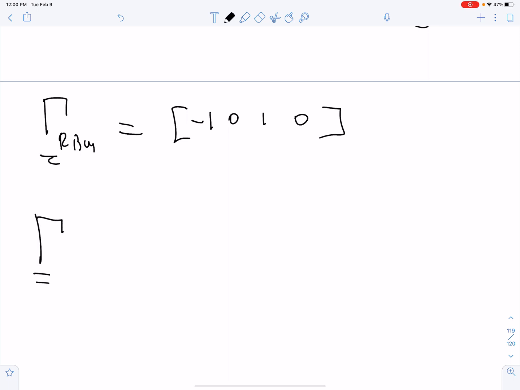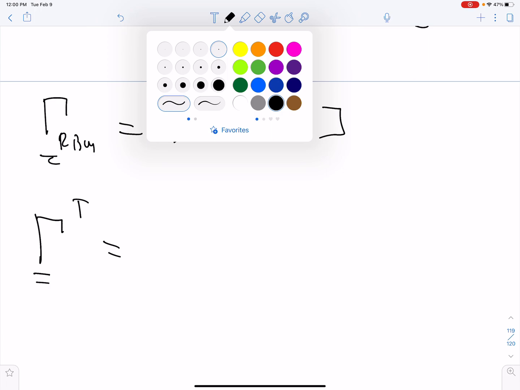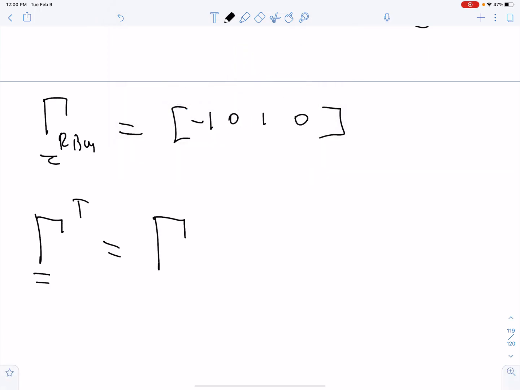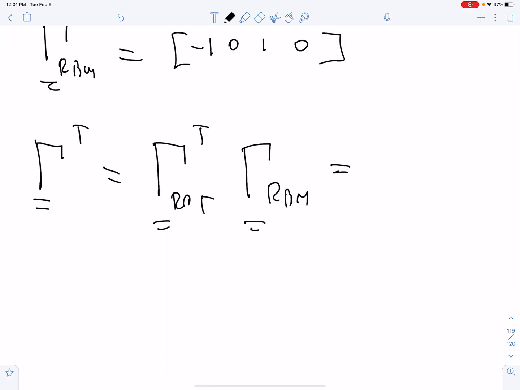So if I take the matrix gamma transpose and define it as gamma ROT transpose times gamma RBM, you get something that looks like this.